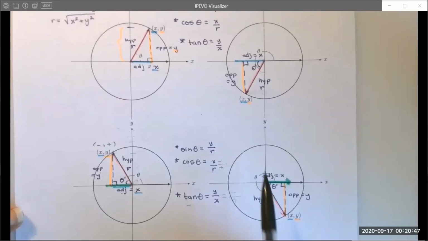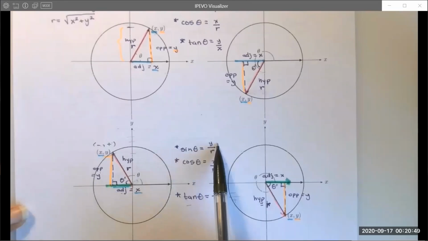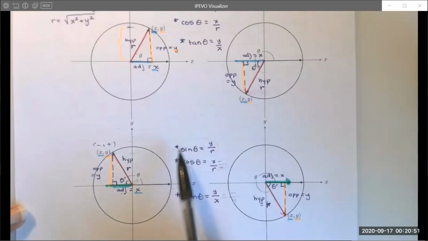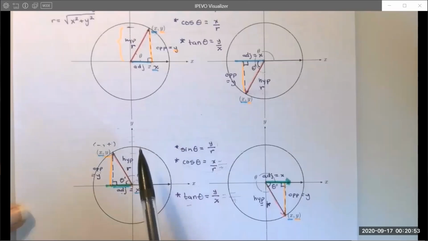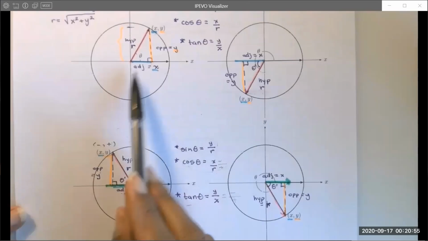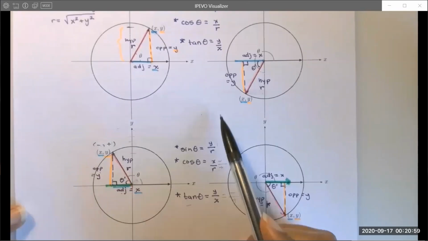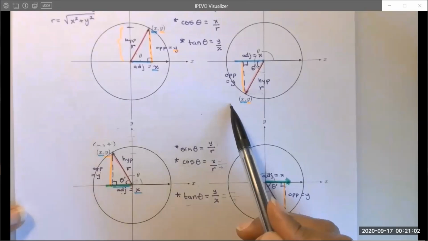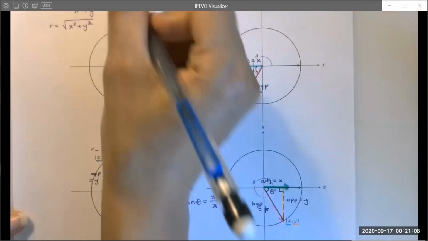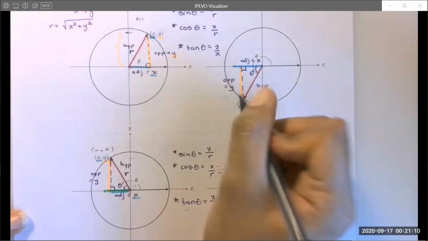So the only trig function that is positive in quadrant 2 is sine, and that corresponds to the students, right? All, and then students. And then this one, what was this one? Do you guys remember? This one was tangent. Yep.